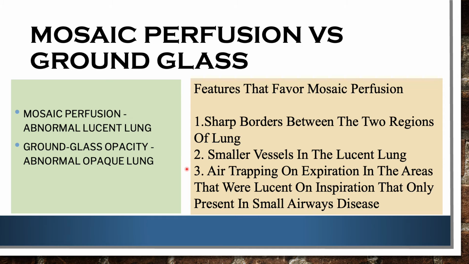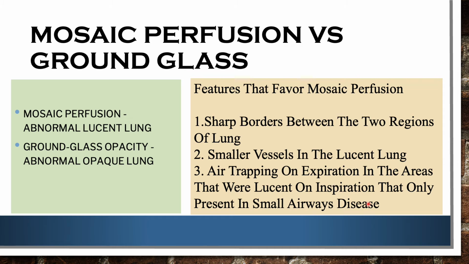So, there are certain features that favor that the mosaic perfusion pattern or the black part is the abnormal part. Few of these features are sharp borders between the two regions, smaller vessels in the lucent lung, and air trapping on expiration in the areas that were earlier lucent on inspiration, which can happen in the small airways component of mosaic perfusion.